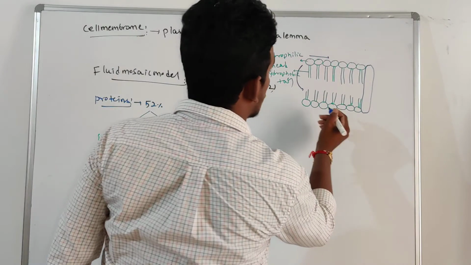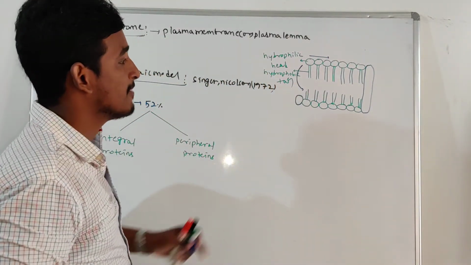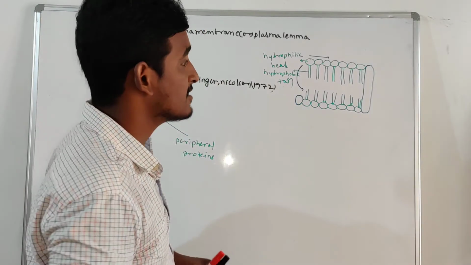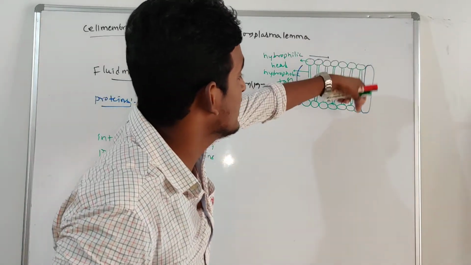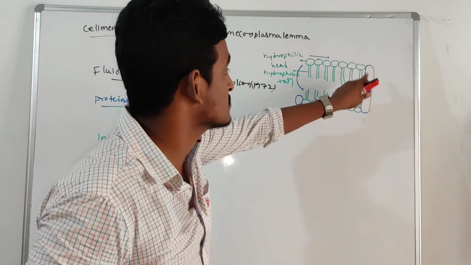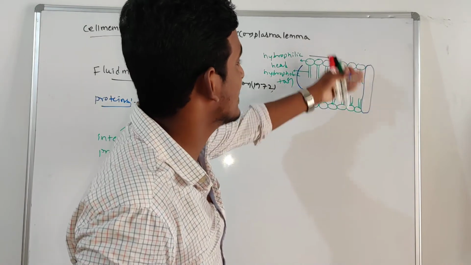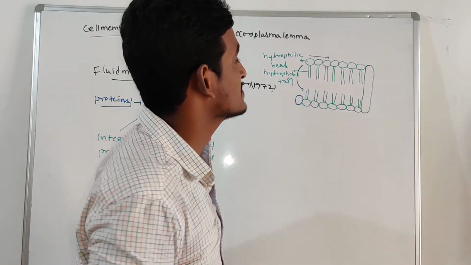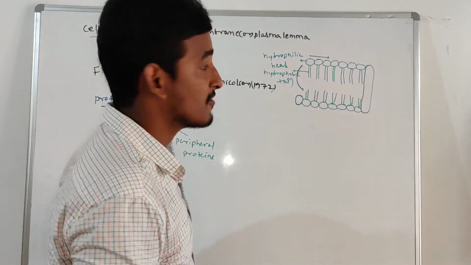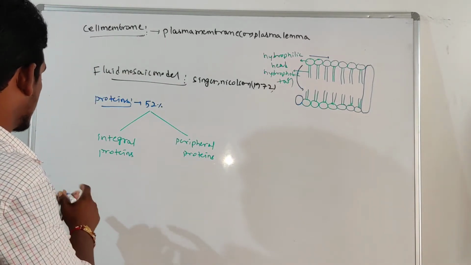Sometimes these proteins are partially buried, not completely buried, right? If it is completely buried in the plasma membrane and forms a channel-like structure, it is helpful for the movement of various molecules inside and outside the cell with the help of this protein, right? So what type of proteins are these? The integral proteins.